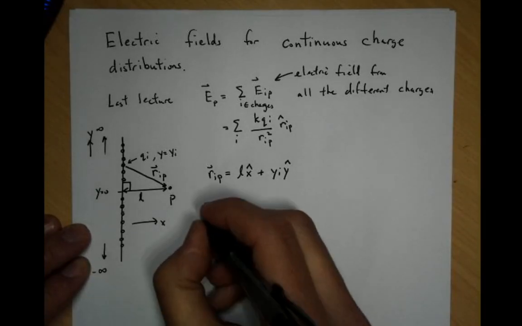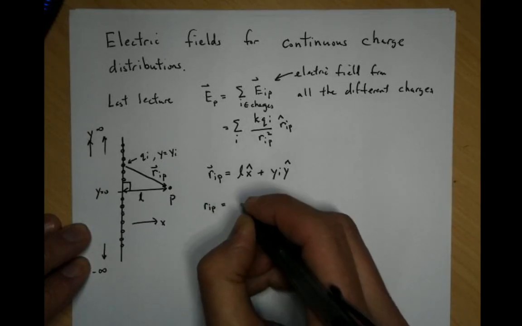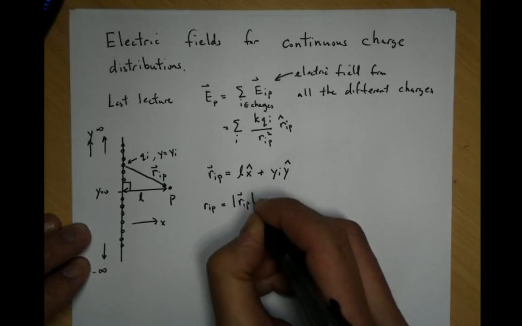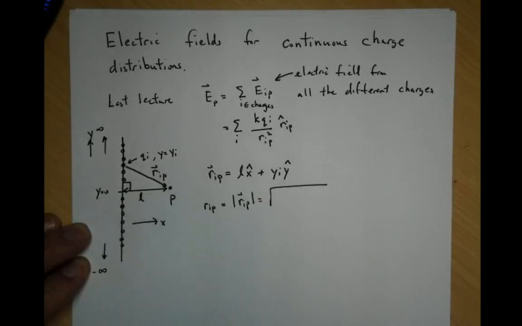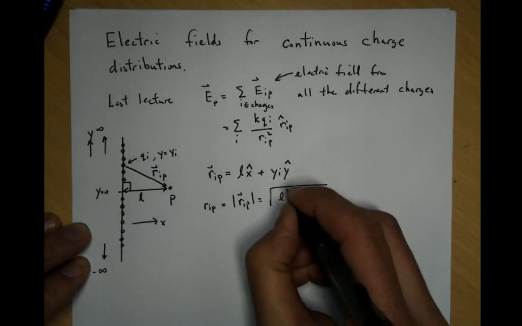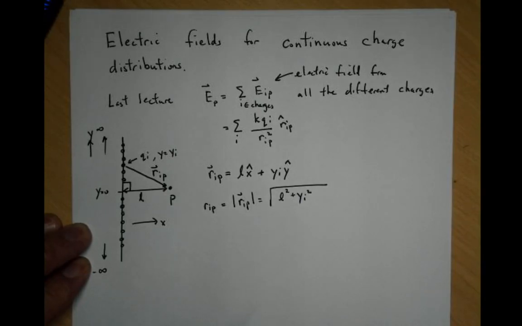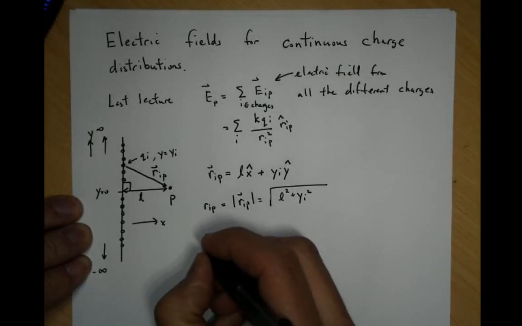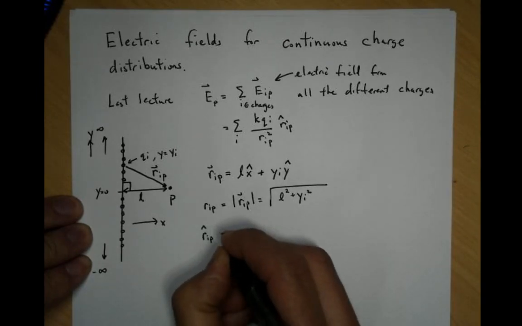And so r_iP, the distance, is just equal to the norm of this vector. If this is a right triangle, you want to find the hypotenuse, which is the square root of L squared plus y sub i squared. Simple enough. Now if I were to find r_iP hat, what's that going to be equal to?